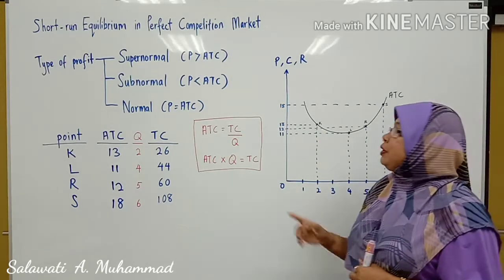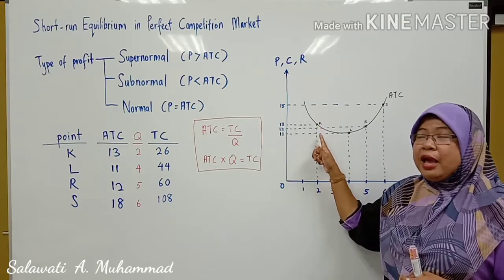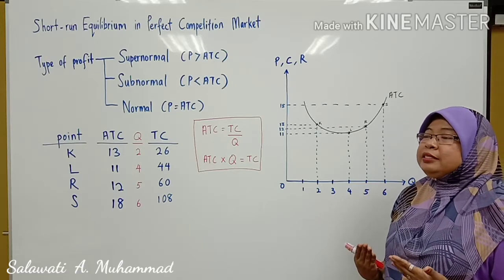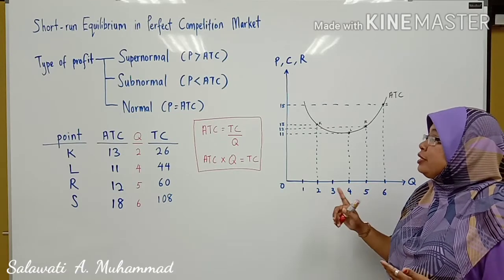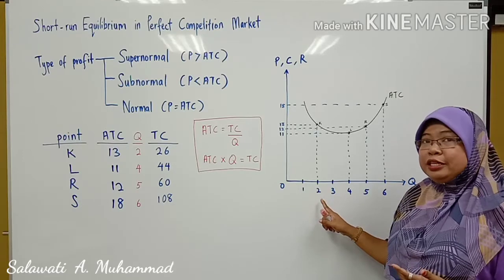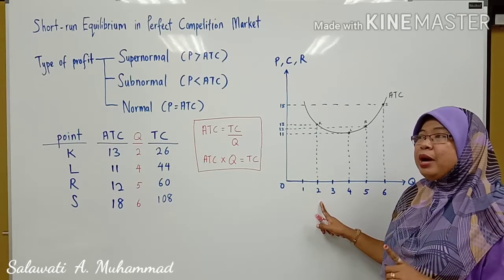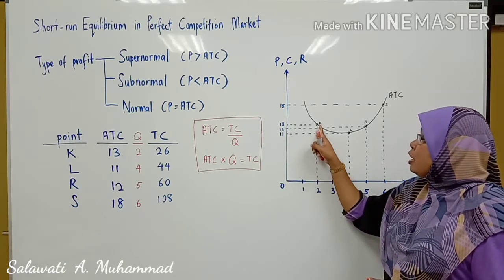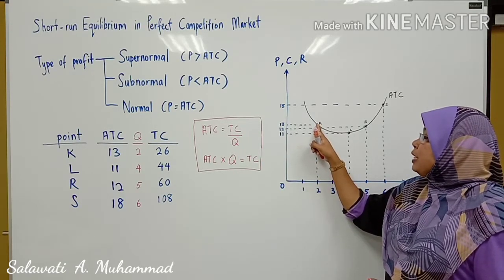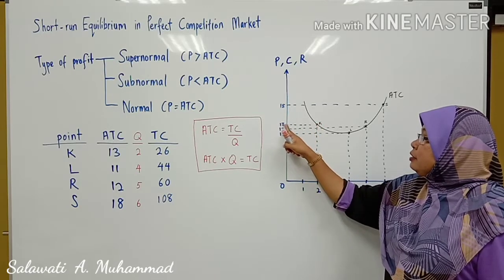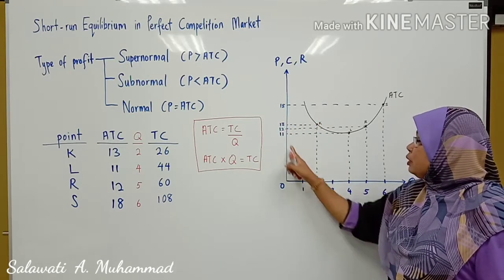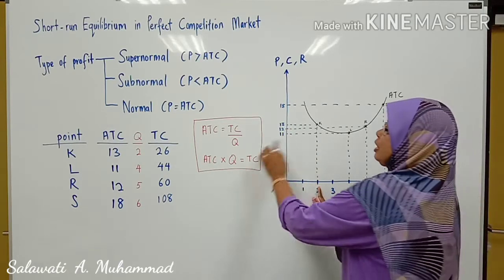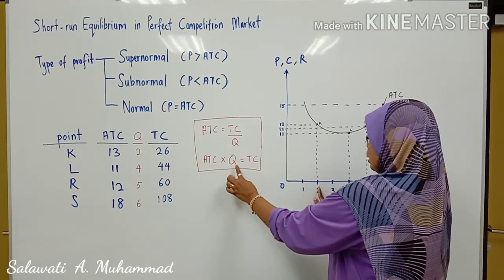For example, the first point, point K. When the question asks what is the amount of total cost at quantity 2, you need to multiply 13 with 2. 13 is ATC.